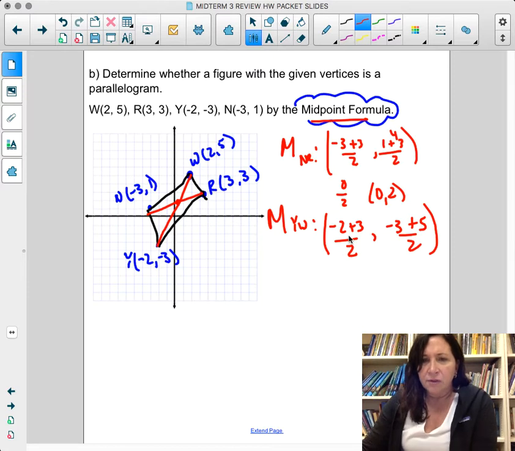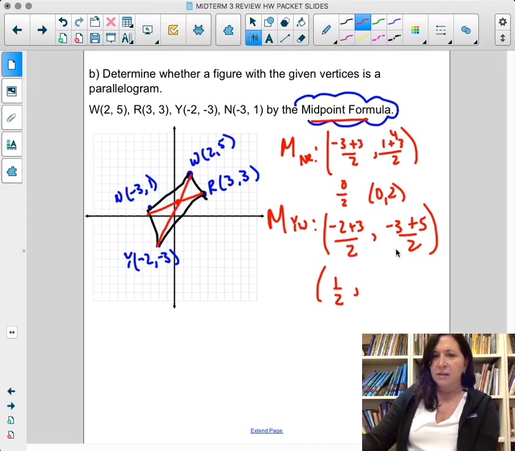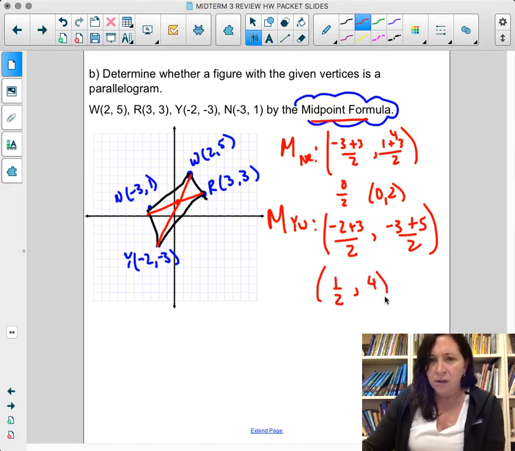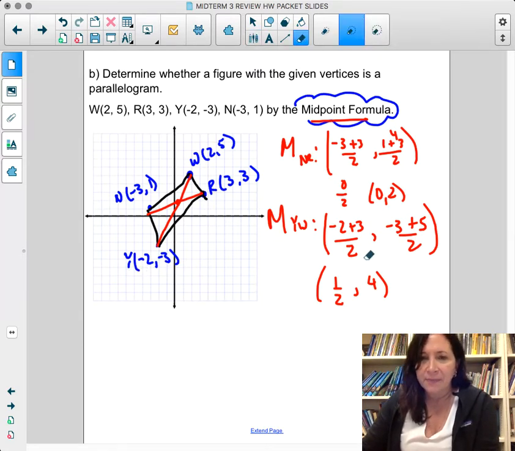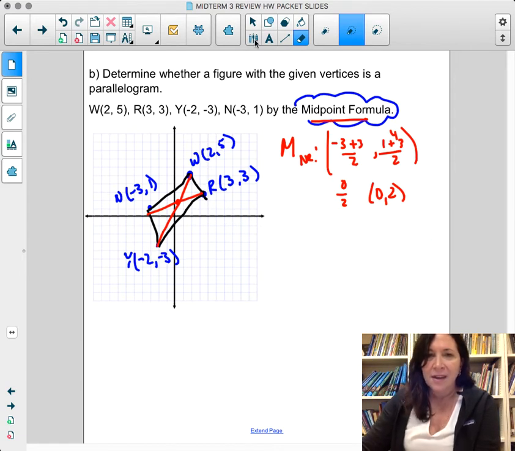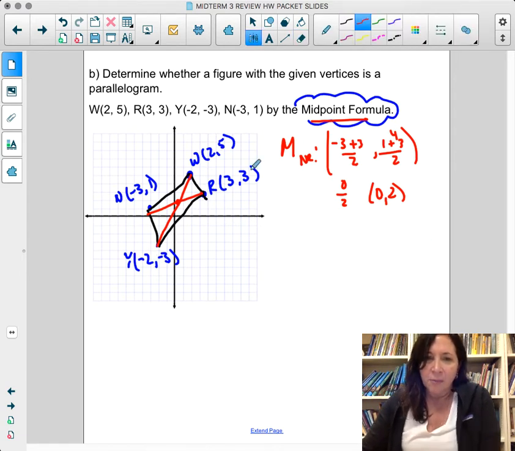So negative 2 plus 3 is 1, so 1/2, and 8 divided by 2 is 4. Oh, that's not right. Sorry about that. Let's redo that one. I got my wrong points here.